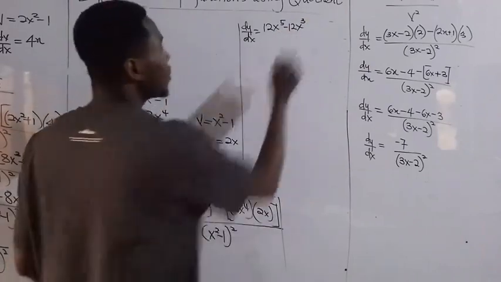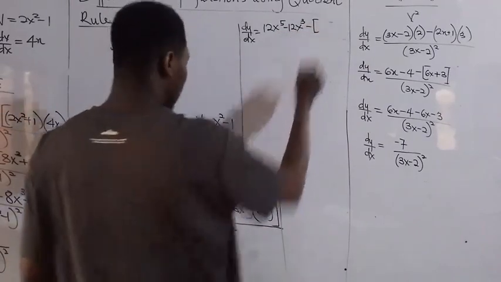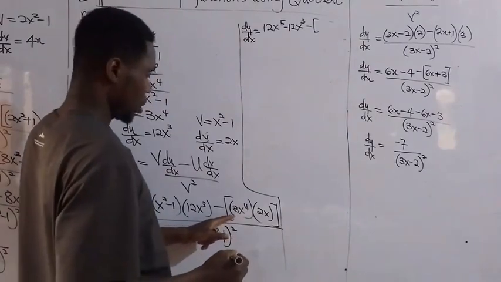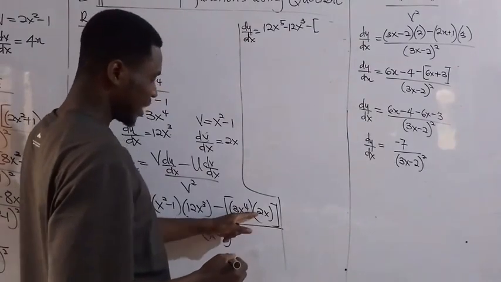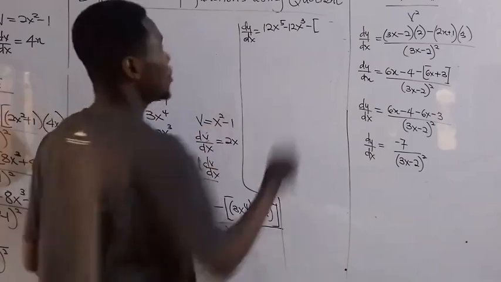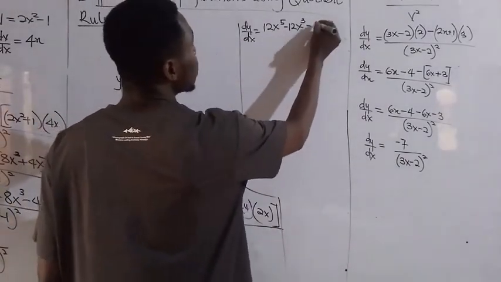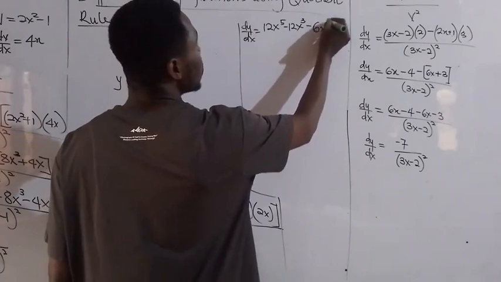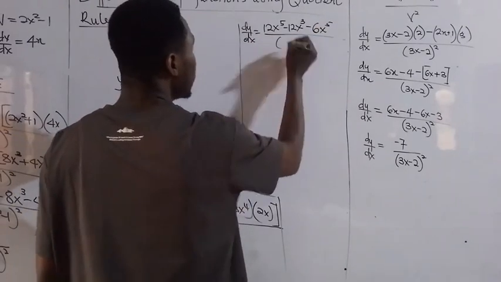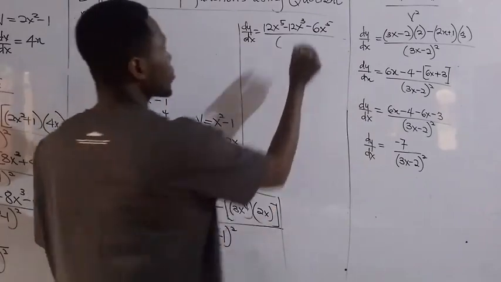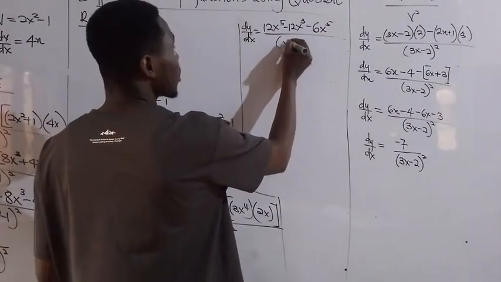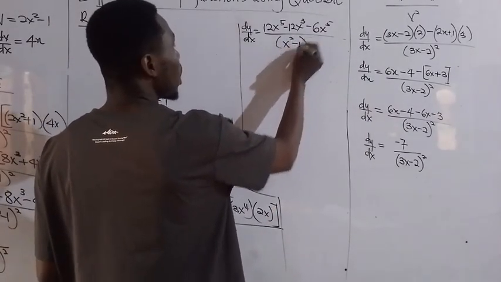Then we have negative here. Then we bring our what? This will give us what? It will produce 6x to the 5th power. So because we don't have anything again to multiply, let me just go straight forward. 6x to the 5th power all over v. V is x squared minus 1 all squared.